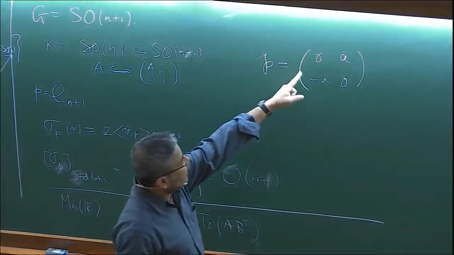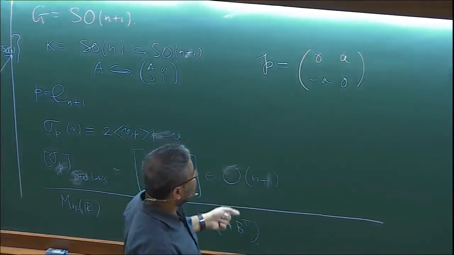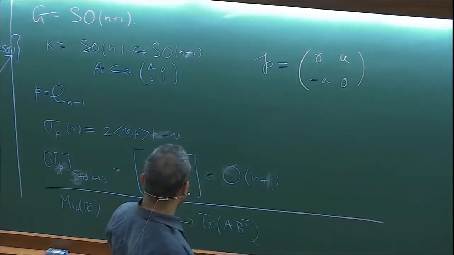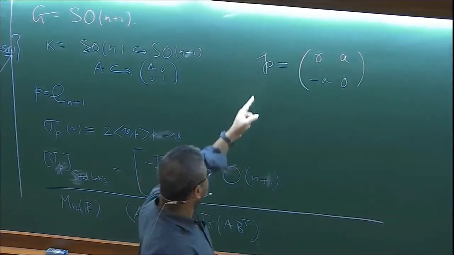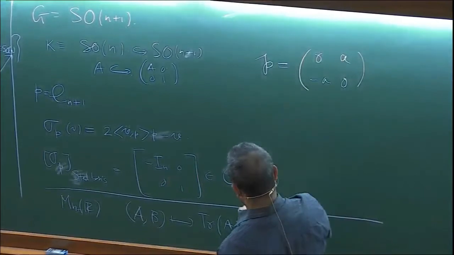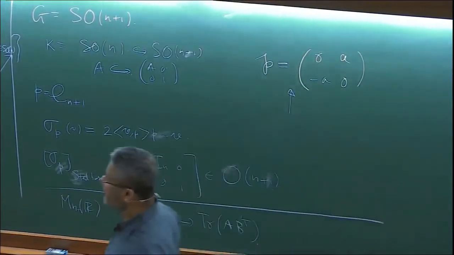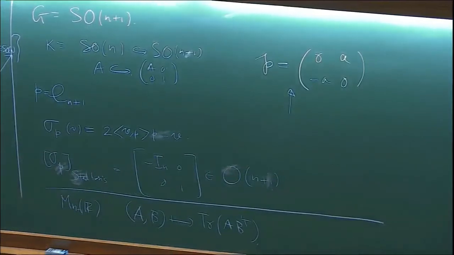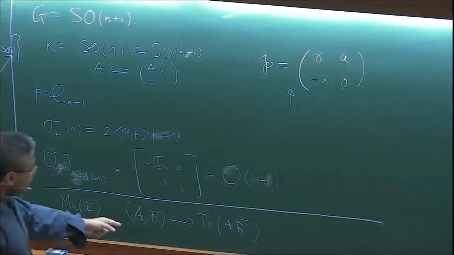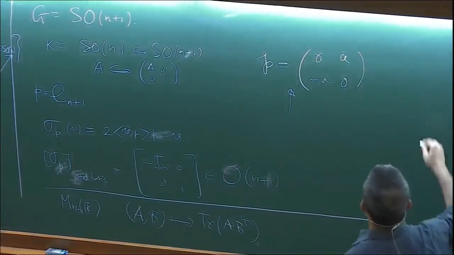It is a positive definite form, and A is 0 if and only if trace of A A transpose is 0. So you restrict this form over here, and you will get the required form that I am talking about. And this form is always invariant under the corresponding SO(n) group, so it will be okay.